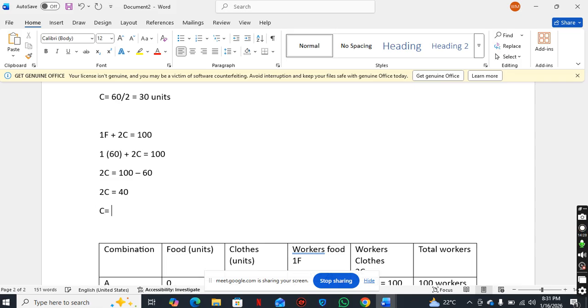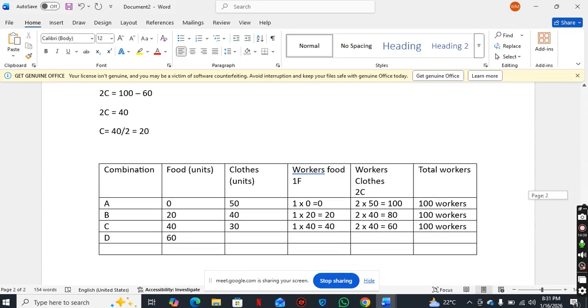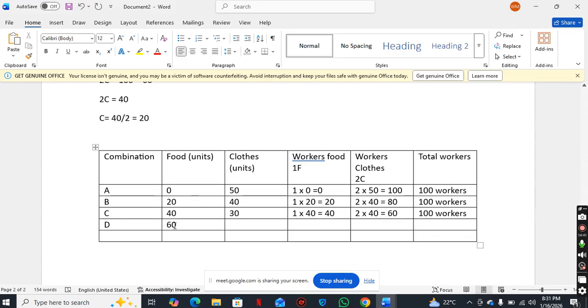To get the value of C, we divide both sides by 2. 40 divided by 2, that is 20 units of clothes. So if we produce 60 units of food, we're going to be able to produce 20 units of clothes.